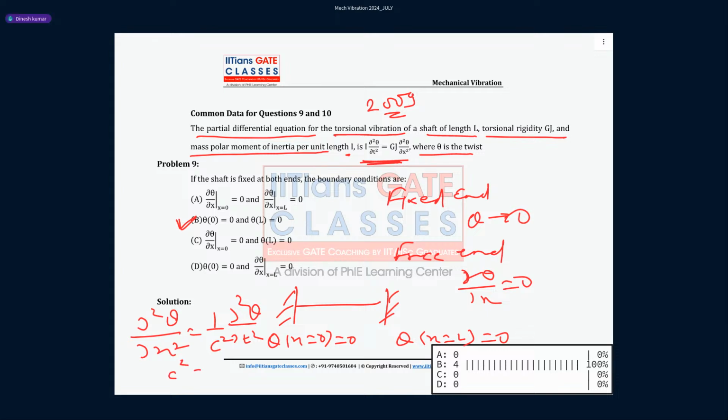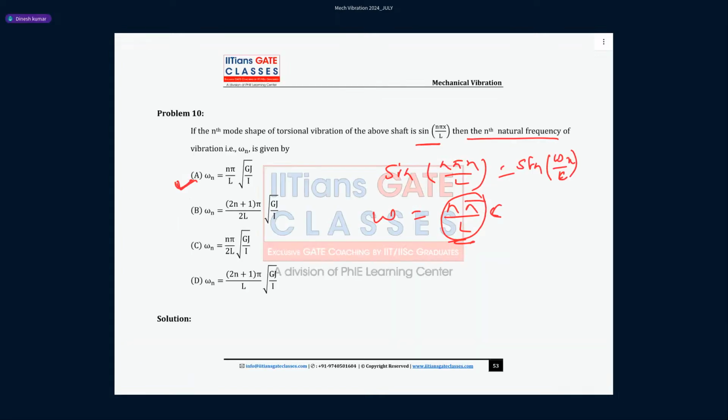What is c square? It is GJ by I. Am I correct? GJ by I. So what will be c then? C will be under root GJ by I. So you can see here. So what is the answer?